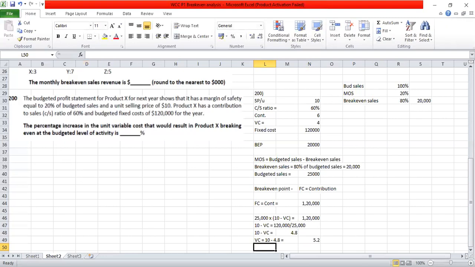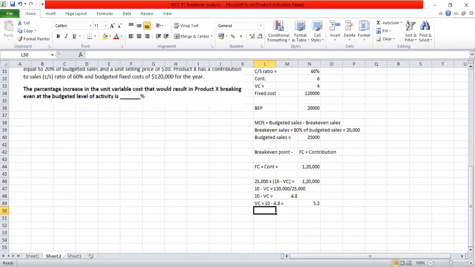If it is 5.2, earlier variable cost was 4. Now 4 and 5.2, what is the percentage change in variable cost?